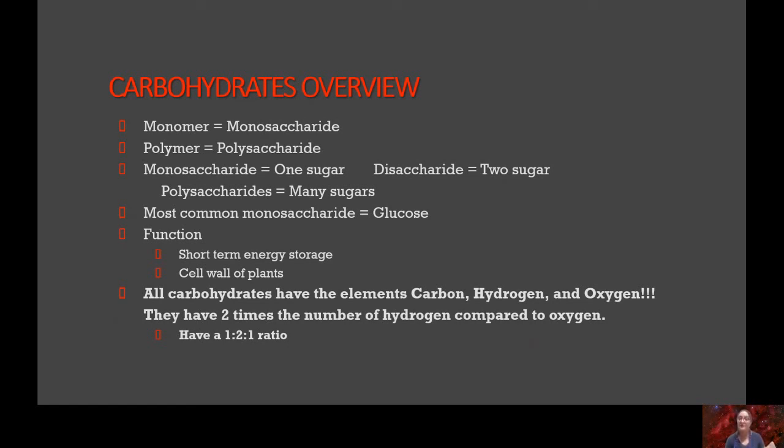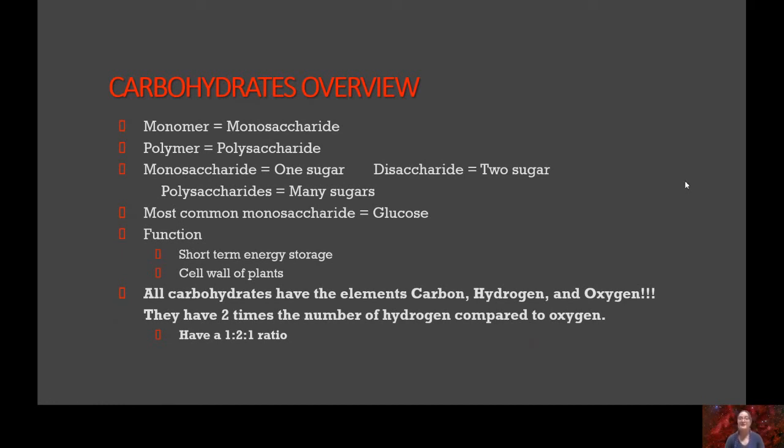The most common monosaccharide is glucose. Please remember glucose, C6H12O6. You don't have to remember the formula yet, but I'd start working on it if I were you. The function is for short-term energy storage and cell walls in plants. Those are the two main uses.